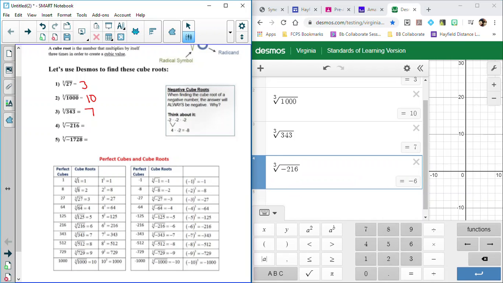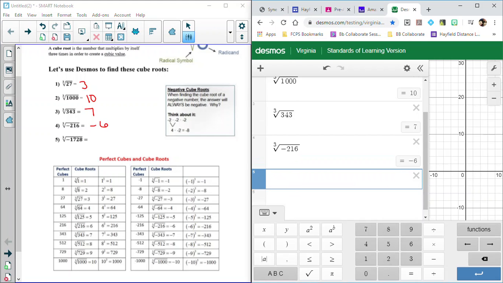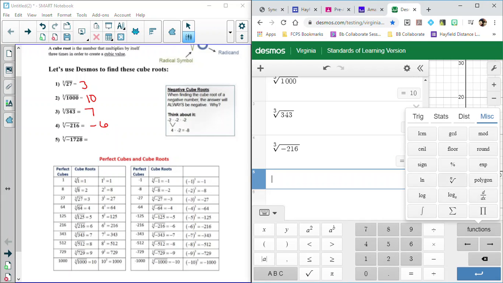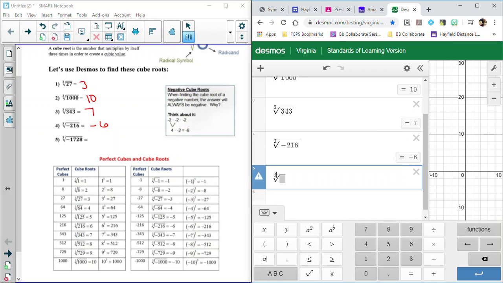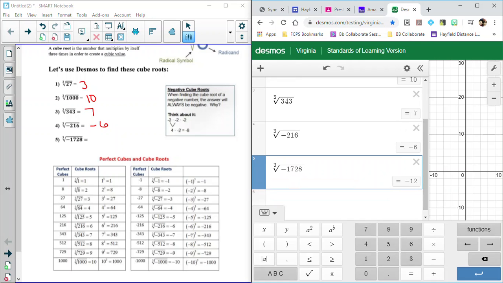Come over here. And 6. And then we're going to do the same thing for that last example. So once again, since the inside number is negative, we're going to notice that our cube root is also negative. And then we'll put negative 12.